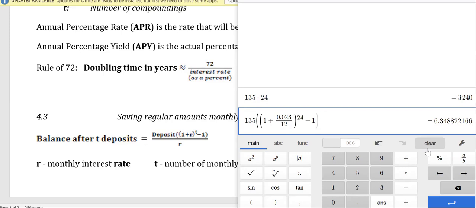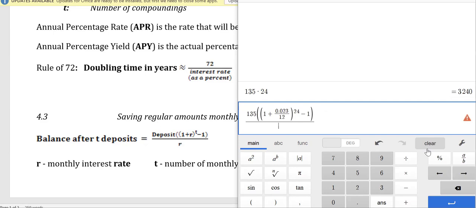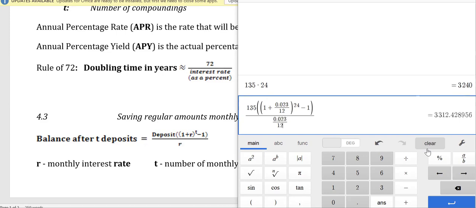Then close parentheses, and all of that is divided by r, which is 0.023 over 12. And so your answer should look like this, 3312.43 if it's the nearest cent.